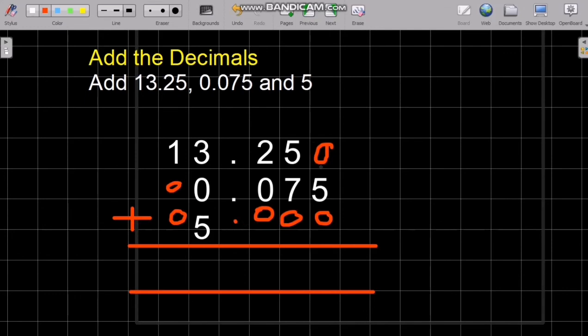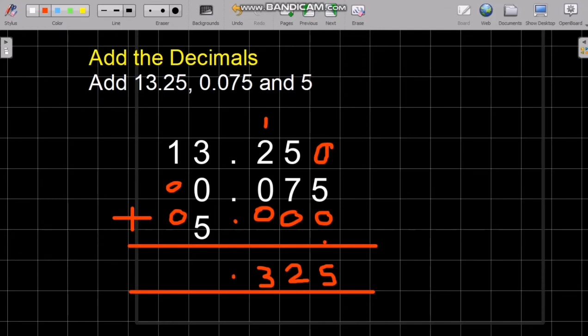Now add the numbers. This is our thousandth place. We add, it becomes 5,000 here. And add 5 plus 2, 7, that is 12, to give 1 carry to tenth. Now this is 3 tenth.